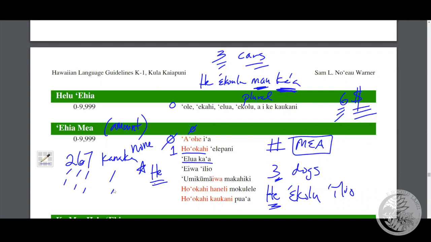I could potentially say, which is not common, especially when you have large numbers, the use of the word mau, which would be he ʻelua haneli kanaono kumahiku mau kanaka. And really, again, the thing to remember, the big difference between these two, this is when you count, and this is when you're giving an actual amount.